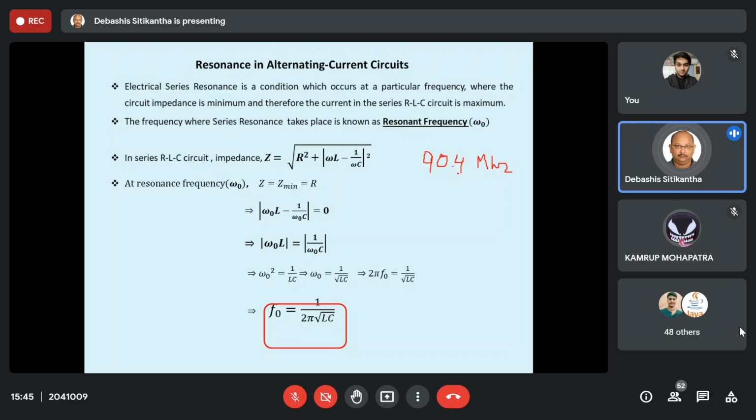Now let me show you one example. Suppose you are tuning your FM radio. Once you tune to 90.4, only then can you listen to the music. But nowadays you are going for digital tuning. So let us say you tune it to 90.2.